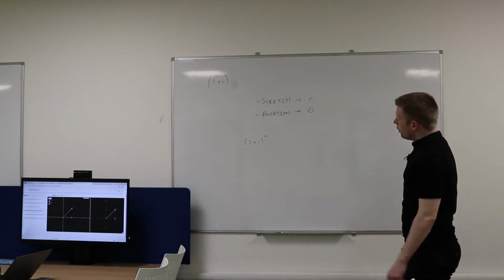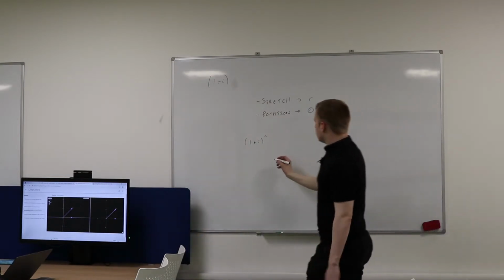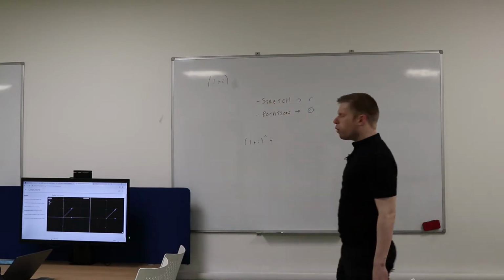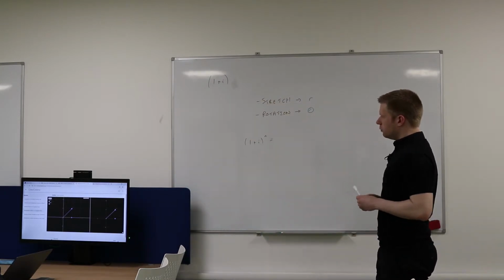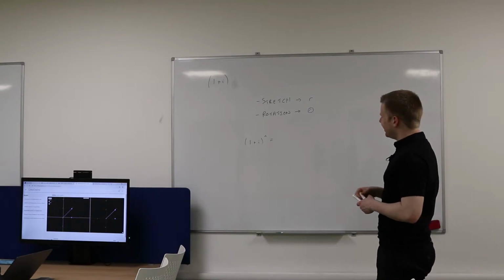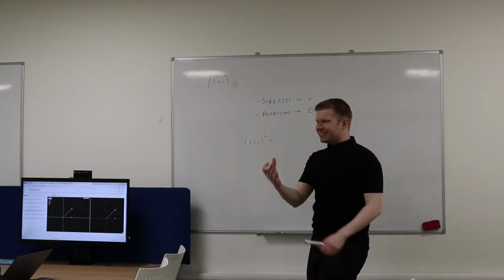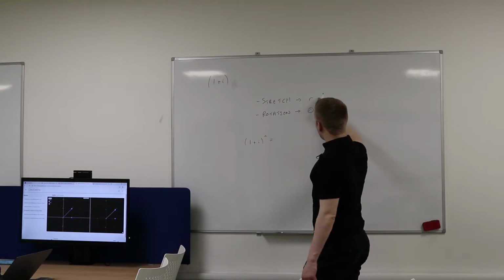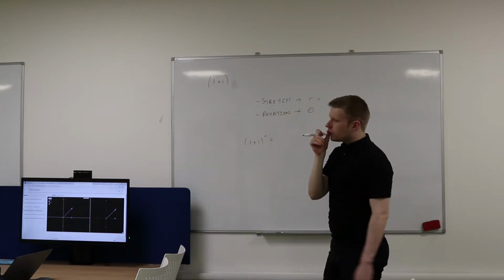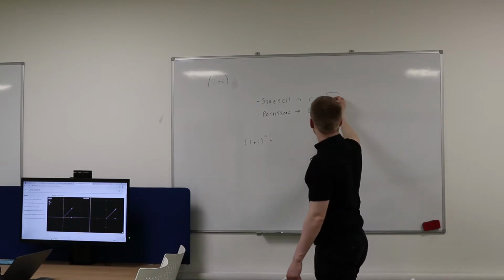So if we do this, what is 1 plus i in polar form? Let's work it out. What do we need in order to work with it in polar form? We need r and we need theta. So what's r for 1 plus i? Yeah, it's root 2. It's the square root of 1 squared plus 1 squared.